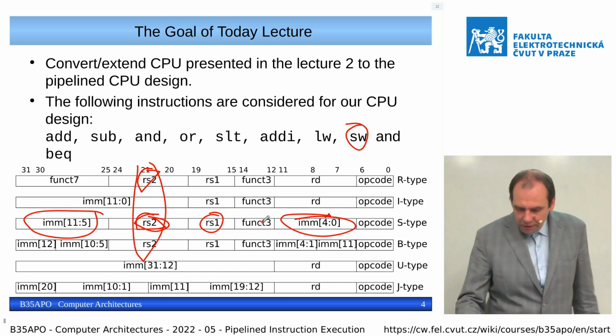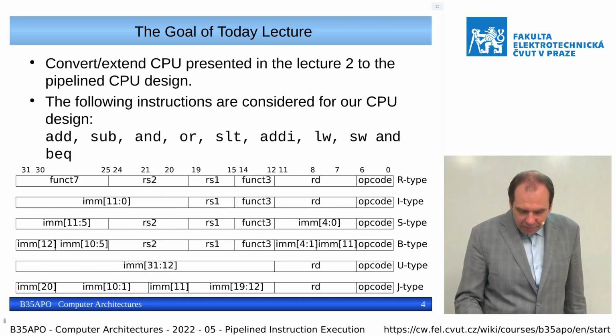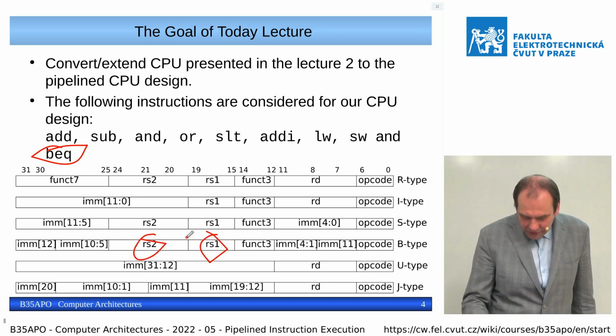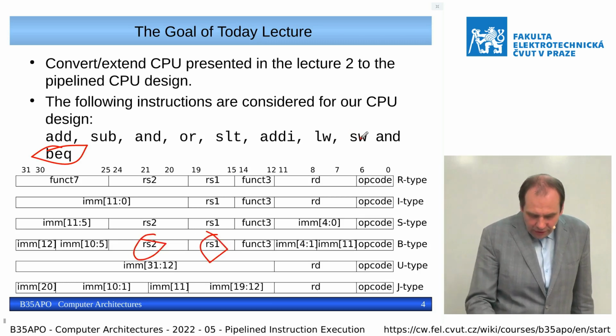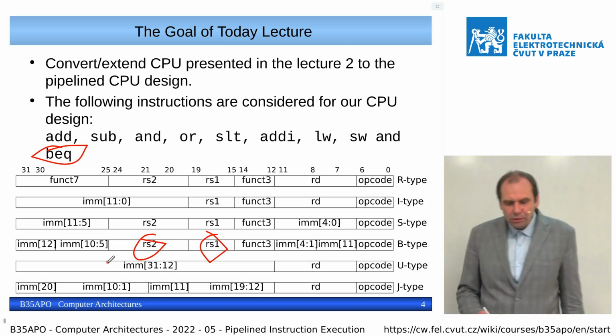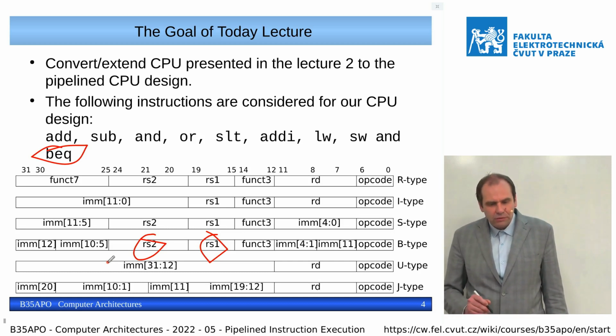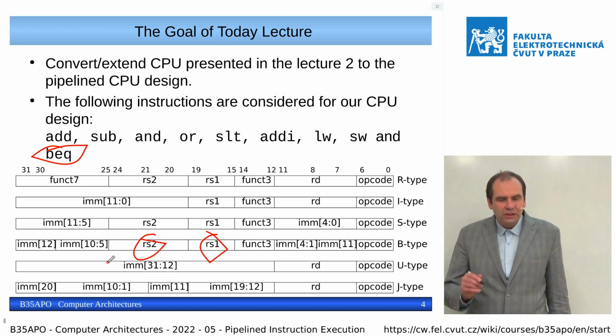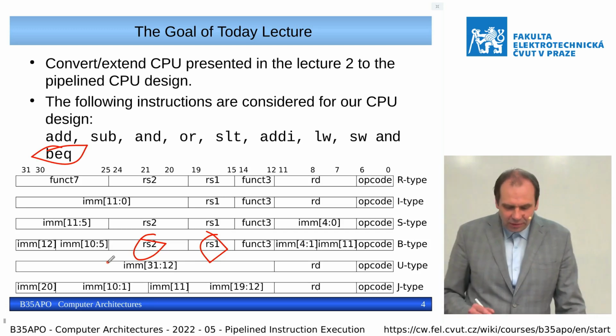Then we have a branch instruction, and the branch instruction needs two source operands, so it is similar to the store word, but it doesn't need to provide branches to odd addresses, because each instruction is at least 16 bits long.